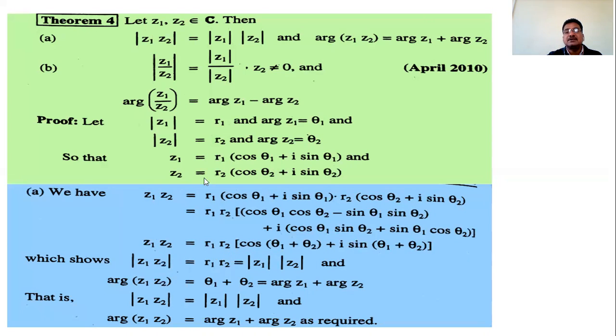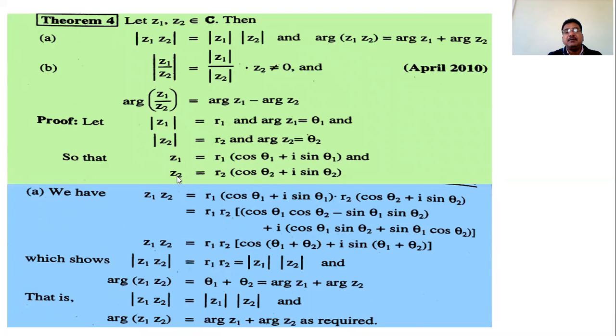This is the modulus. That is, if we write z1 as r1 into cos theta1 plus i sin theta1, what does this indicate? That r1 is modulus of z1 and theta1 is argument of z1. Like that, z1 into z2 is expressed in this form, r1 into r2 in bracket cos theta1 plus theta2 plus i sin theta1 plus theta2. That is, this is the polar form of z1 into z2, and this indicates that modulus of z1 into z2 is r1 into r2, and argument of z1 into z2 is theta1 plus theta2.